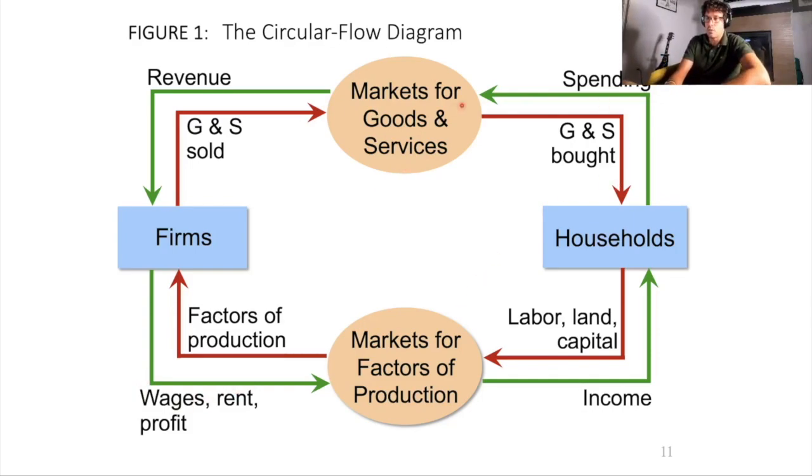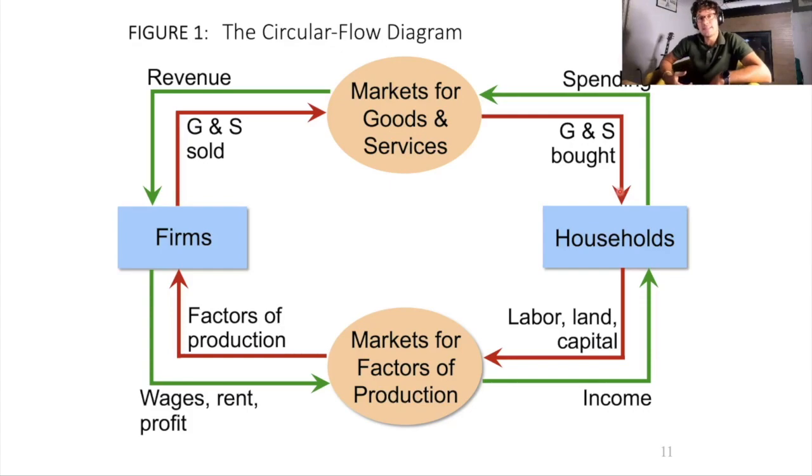On the other side, we have the red, which is the flows of the goods. The household provides labor, land, and capital, which are the factors of production that the firms use in order to produce the goods and services that are eventually sold to the households that consume them. And this is basically the circular flow diagram model.